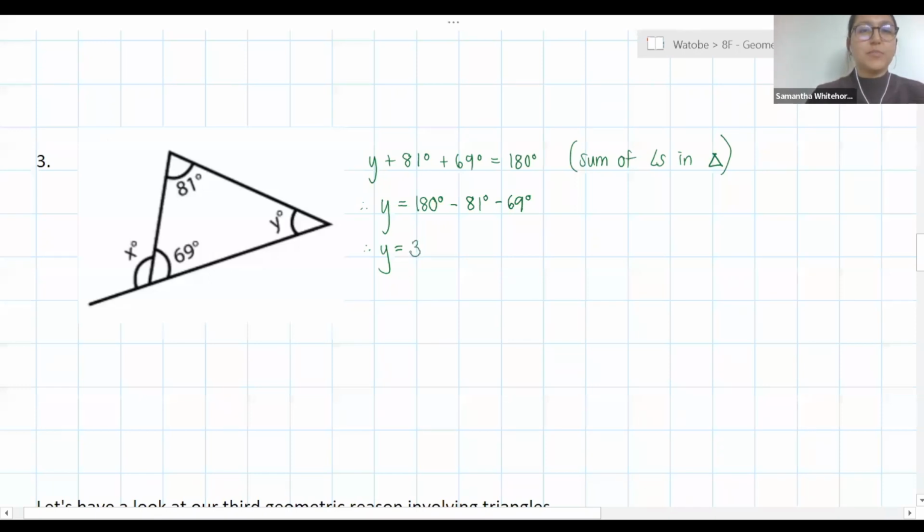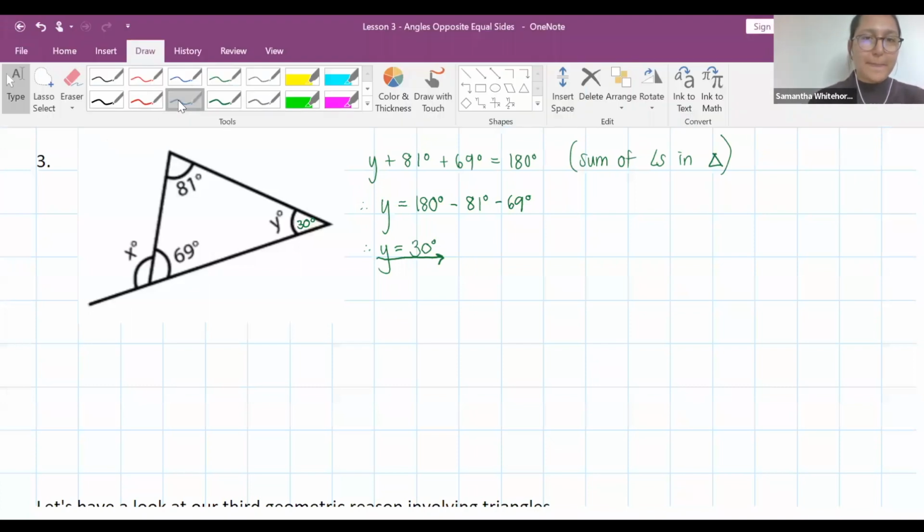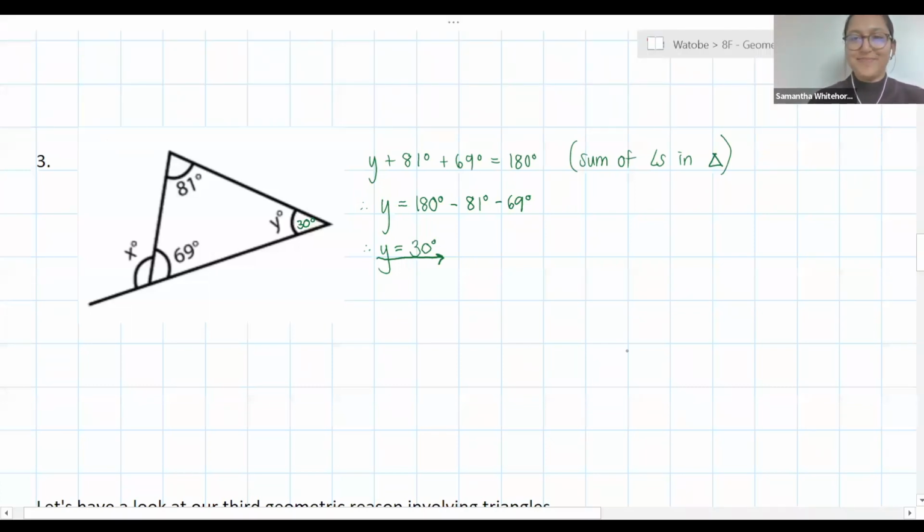Double check your subtraction there for me. Sorry, 30 degrees. Good, well done. Excellent. Okay, guys, so exactly, we know that this y is 30 degrees. The reason we knew that was angles in a triangle, or however your reason is phrased is absolutely fine, as long as you're using angles in a triangle there. Awesome, well done. You nailed it.